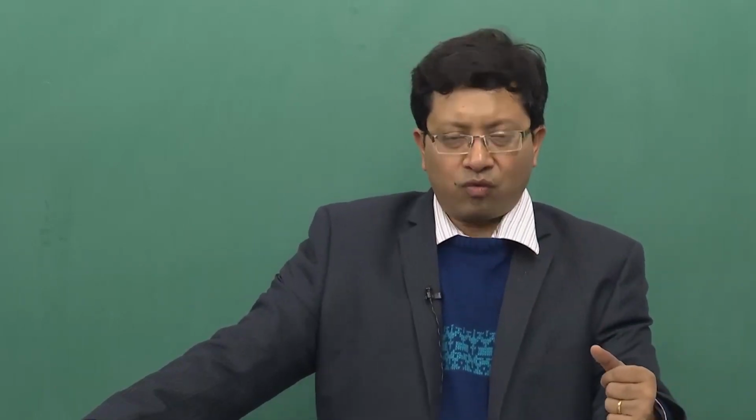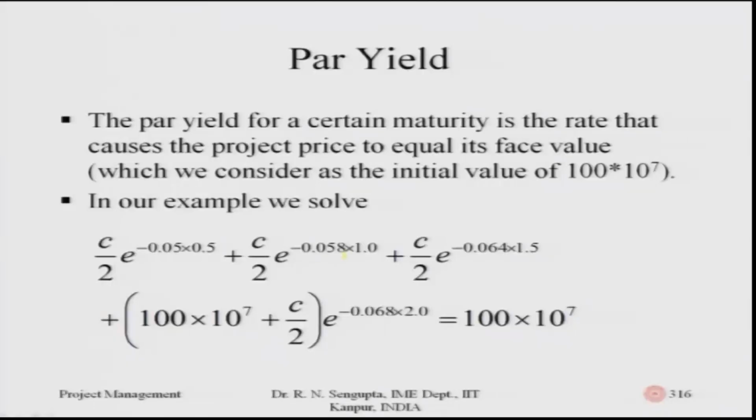Then in the case of the yield of the project, we try to find out what is the value of y such that it exactly balances, considering the actual interest rates are true, and based on that you find out y. Now, the par yield basically is some interest rate based on which it will exactly equal the face value, or the value when the project started.